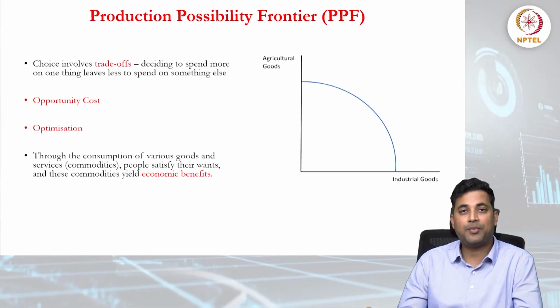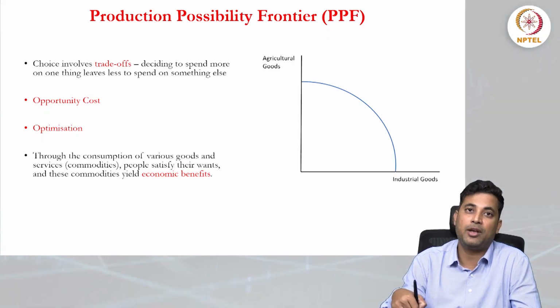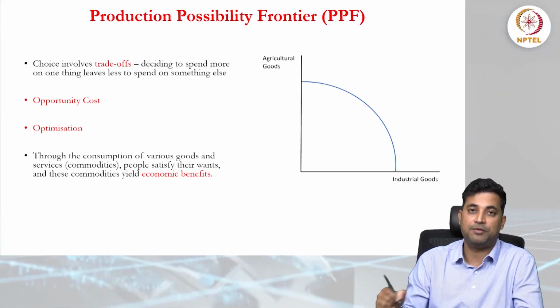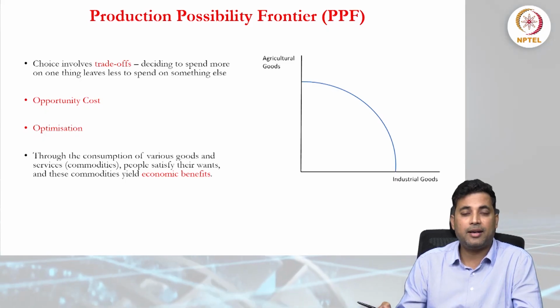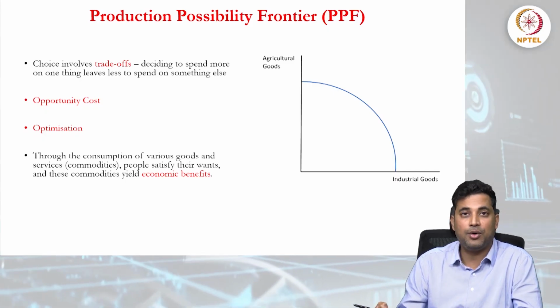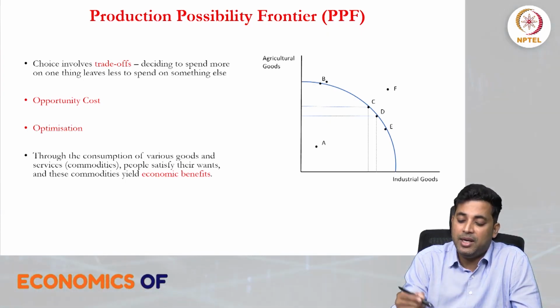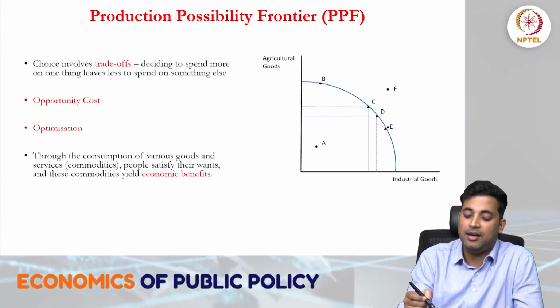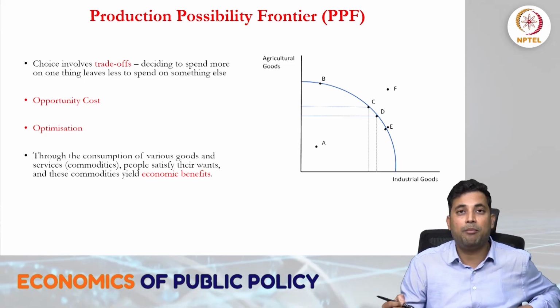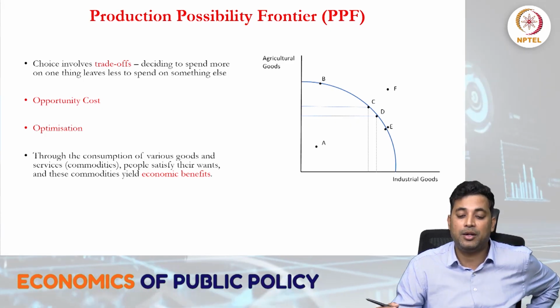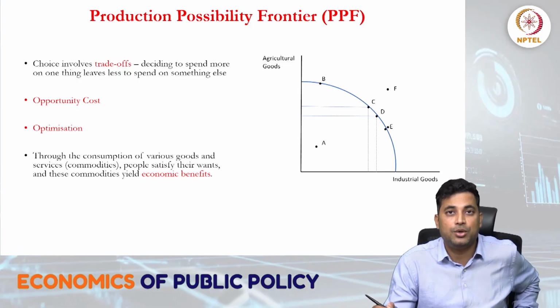Now this blue concave curve is the production possibility frontier, and there are a couple of points we should discuss. Look at points B, C, D, E.